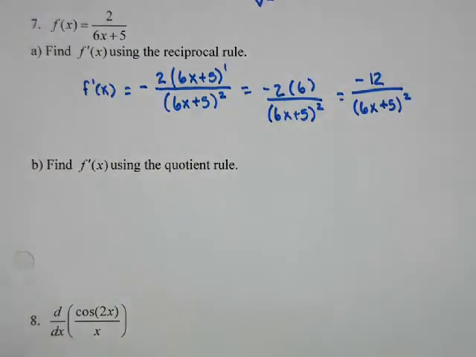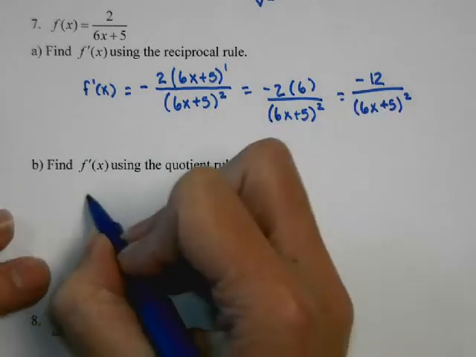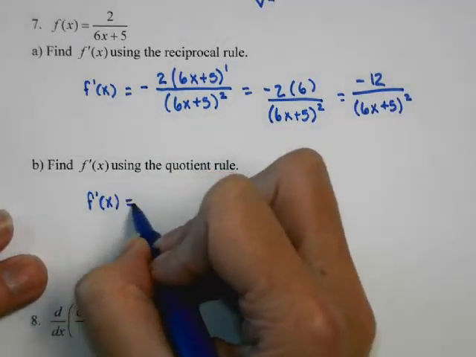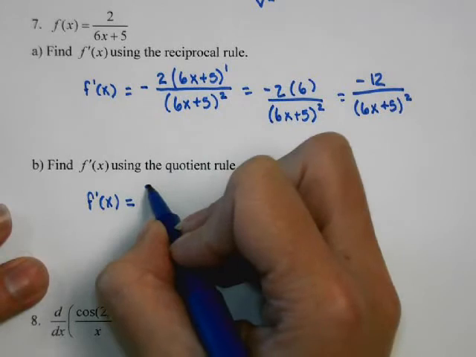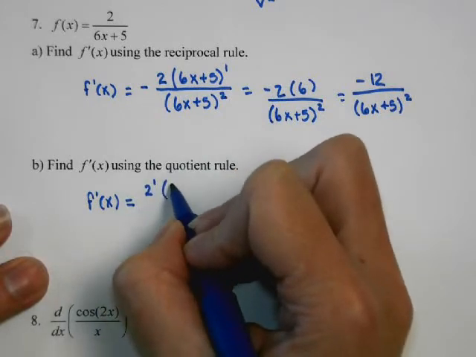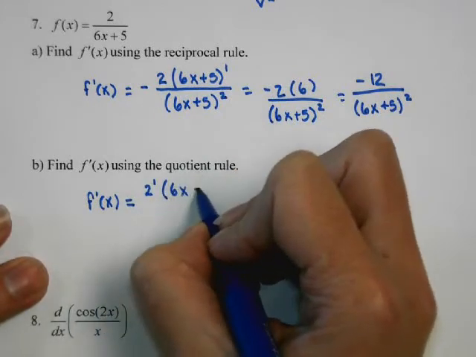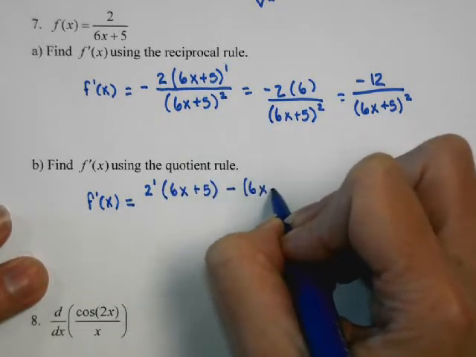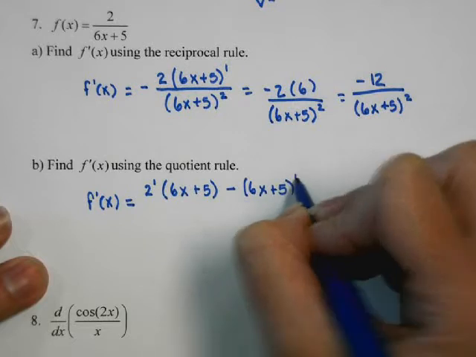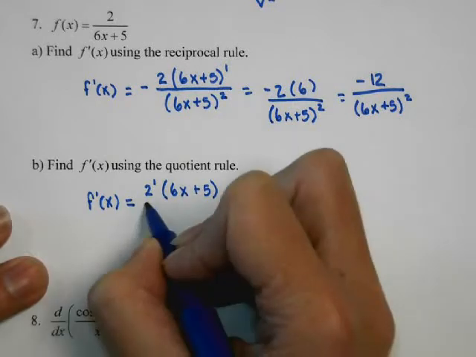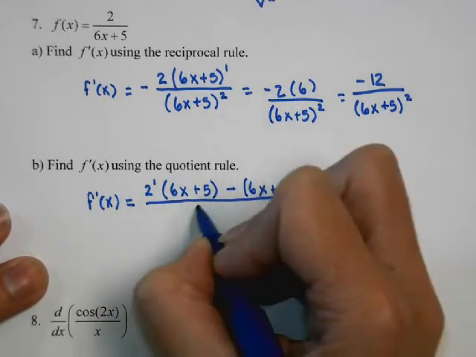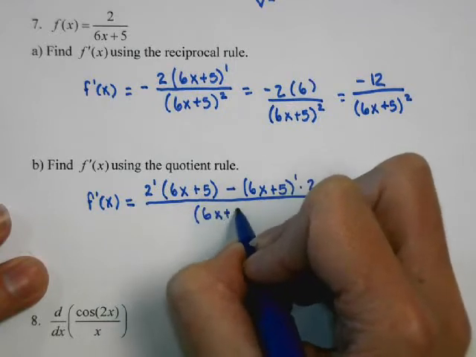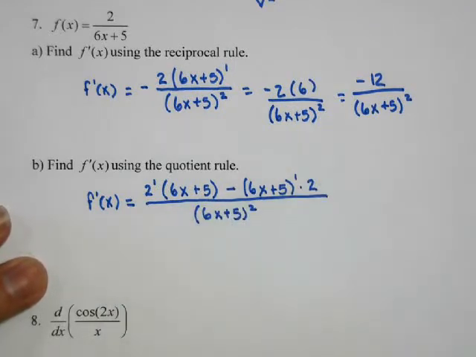Now we're going to use the quotient rule. Okay, so we're going to have the derivative of the top times the bottom minus the derivative of the bottom times the top, all over (6x plus 5) squared.